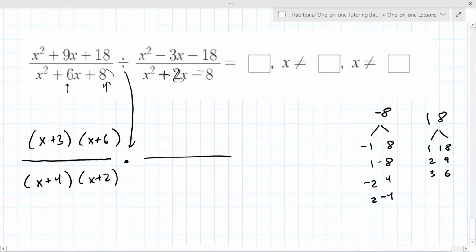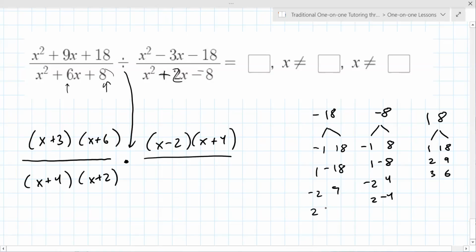Negative 2 and 4. So that's x minus 2, x plus 4. And then negative 18 is the last one. We want them to add up to negative 3. Minus 1 and 18, 1 and minus 18, minus 2 and 9, 2 and negative 9, negative 3 and 6, 3 and negative 6. Do any of those work?